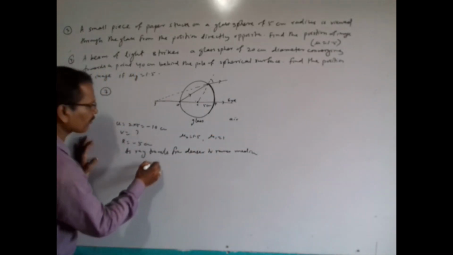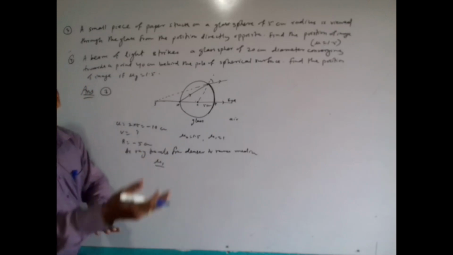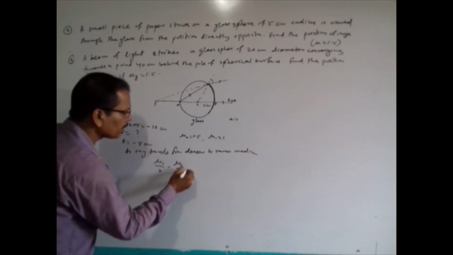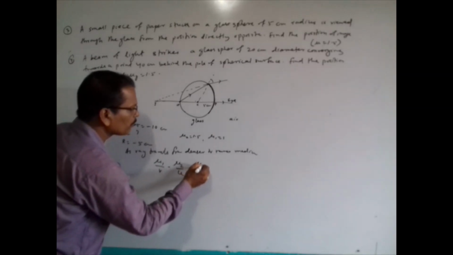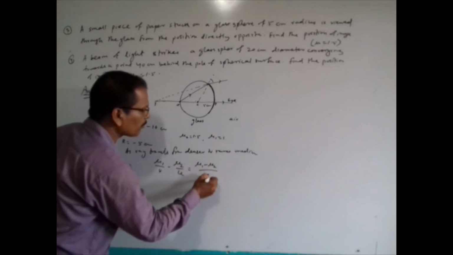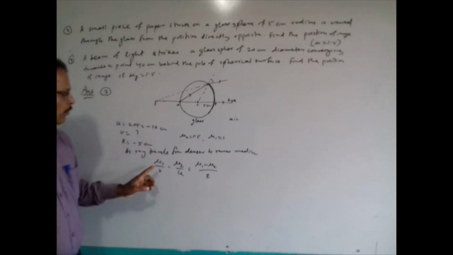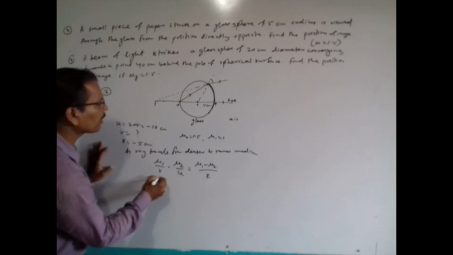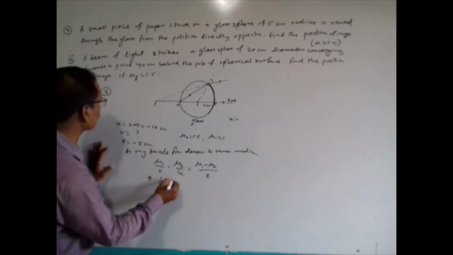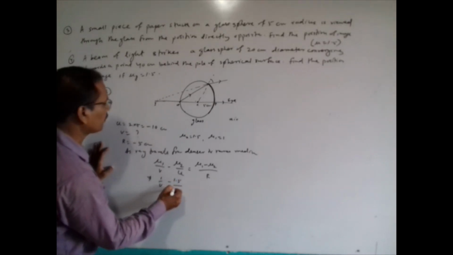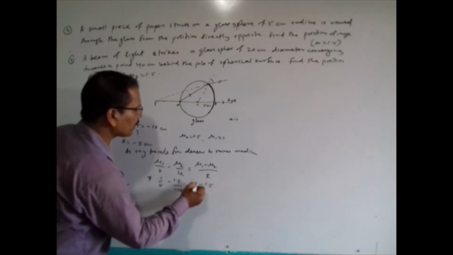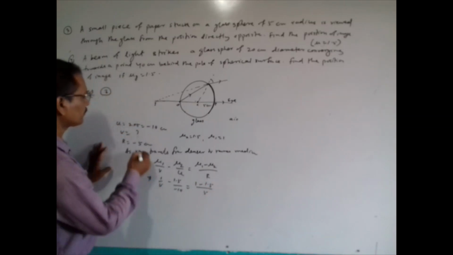So we have to take the formula for denser to rare: mu 1 by v minus mu 2 by u is equal to mu 1 minus mu 2 by r. Just the reverse formula. So 1 by v minus 1.5 by minus 10 is equal to 1 minus 1.5 by minus 5.